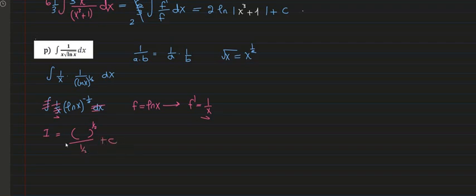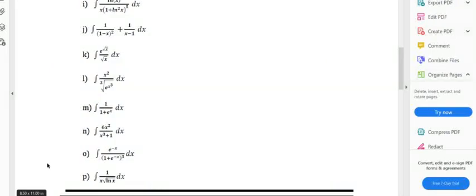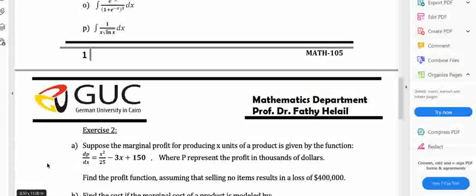What's inside the bracket will be dropped as it is. One might rewrite that 1 over half, because all of the half is in the denominator, we can rewrite it as 2, and the ln x, instead of power half, we can rewrite it as the square root, plus c. Very good. So this for these functions.